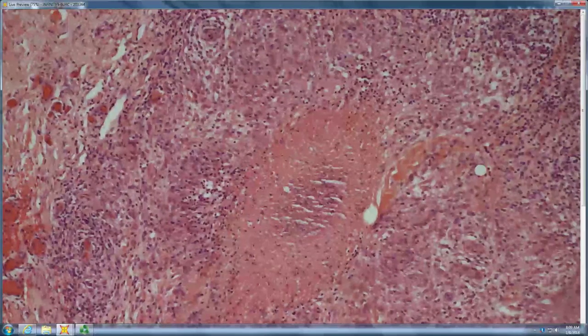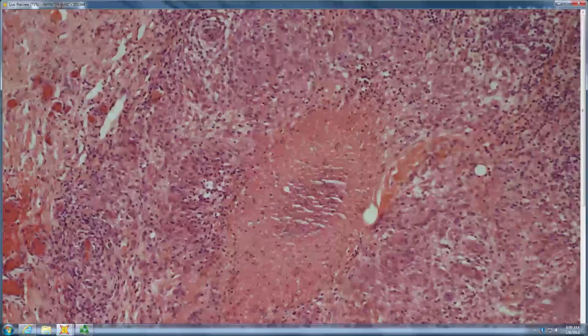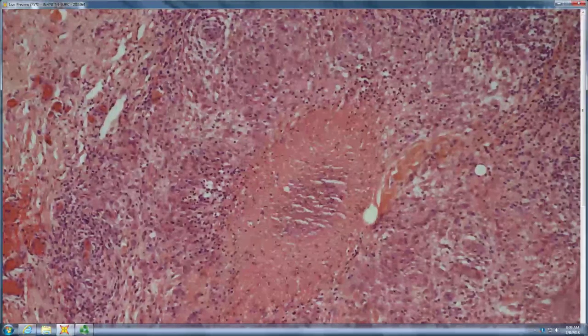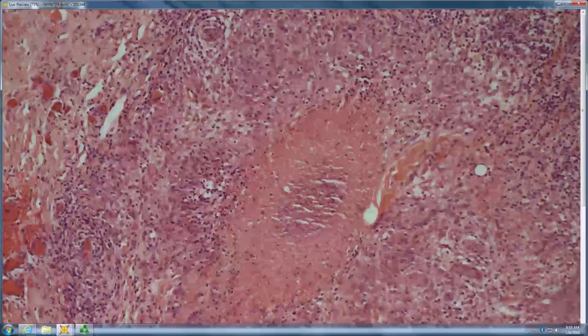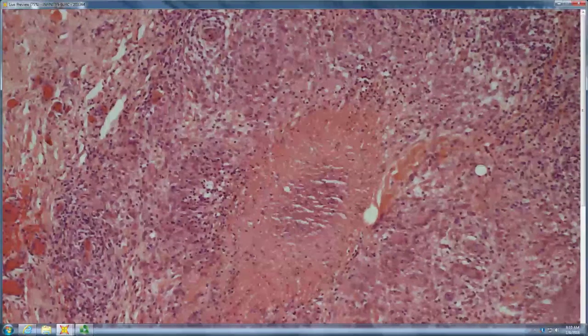Sure, TB's. This doesn't have this appearance, I don't think so. Yeah, so this one isn't particularly stellate, but it still gives you a similar differential of cat scratch, LGV, atypical mycobacteria, tularemia, sporotrichosis.